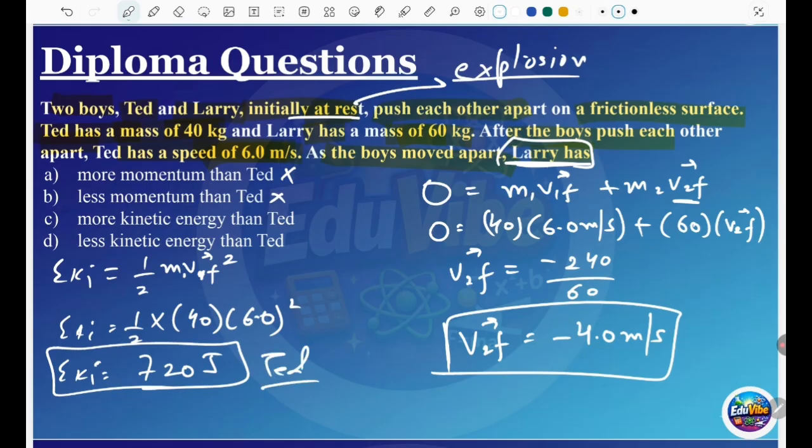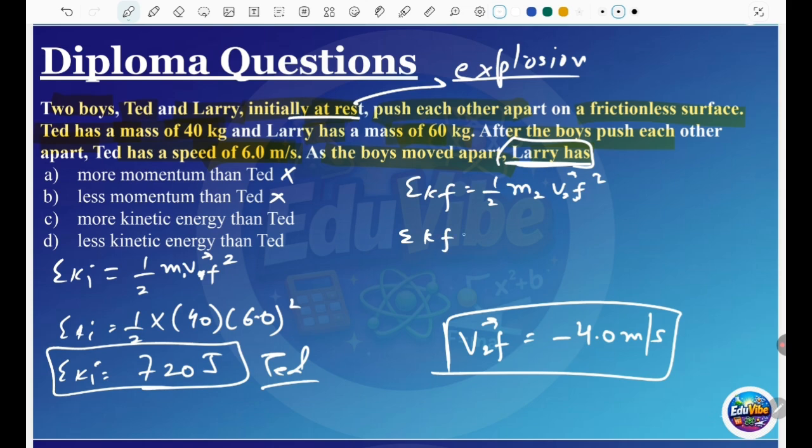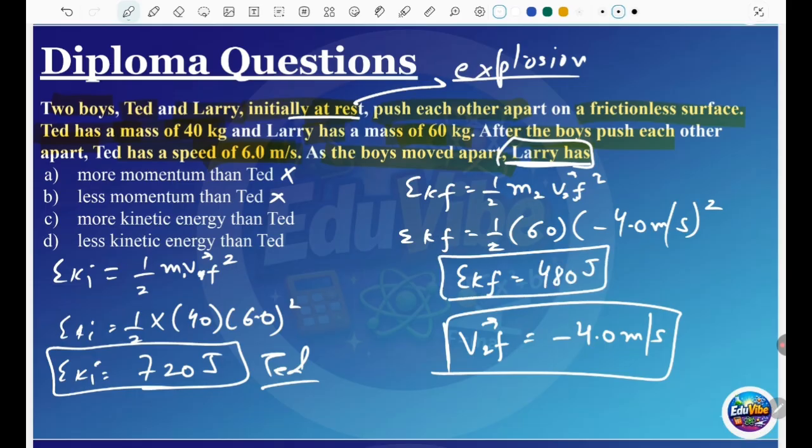For the second one, EKF is half m2 v2f squared. So EKF is half, m2 is 60, and v2f is minus 4.0 meters per second, squared. The minus cancels out with the square, and we get EKF of about 480 joules.